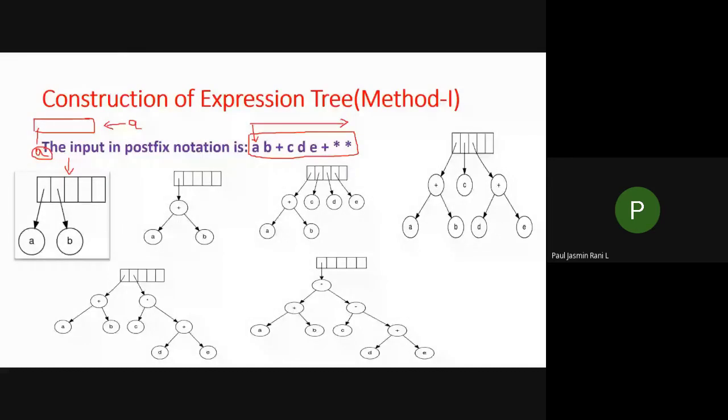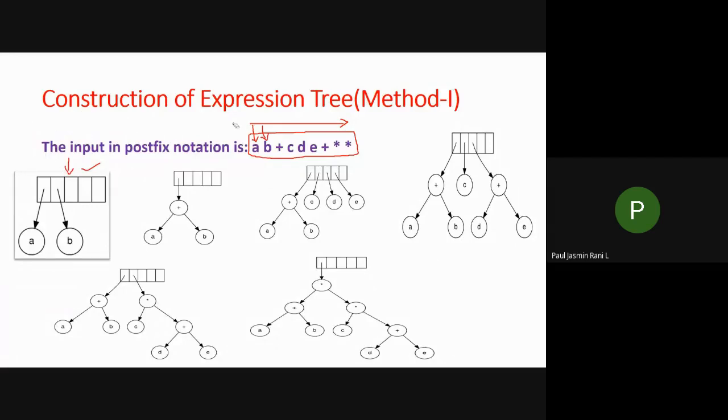Next, what is your second input? Your second input is B, isn't it? So now B is the operand. Again, you have to simply push that element inside the stack. After pushing that one, this will be your result. Can you follow this first step?